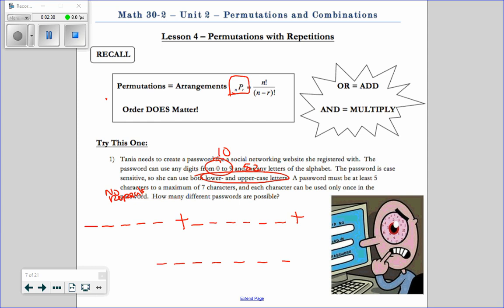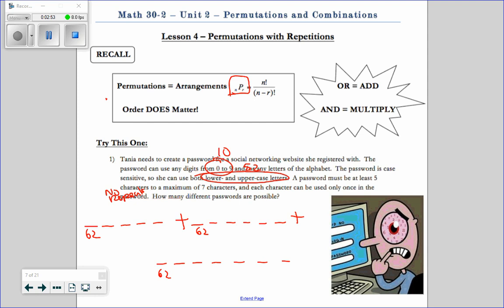Does it say it has to finish with a number? No. So you've got 10 numbers and 52 letters to pick from. So you've got a total of 62 choices for the first blank, because it could be an uppercase letter, a lowercase letter, or a number.